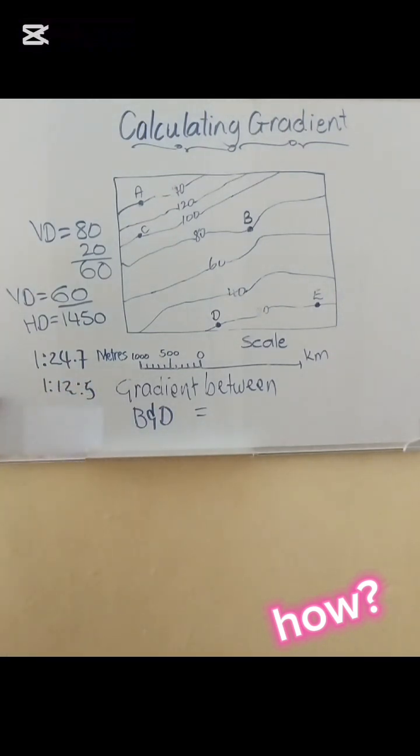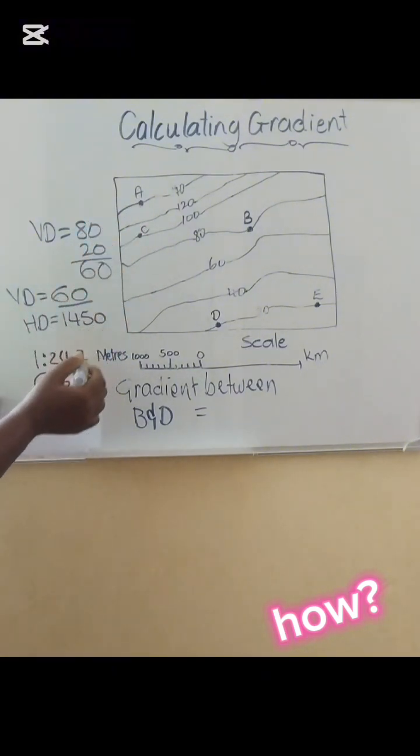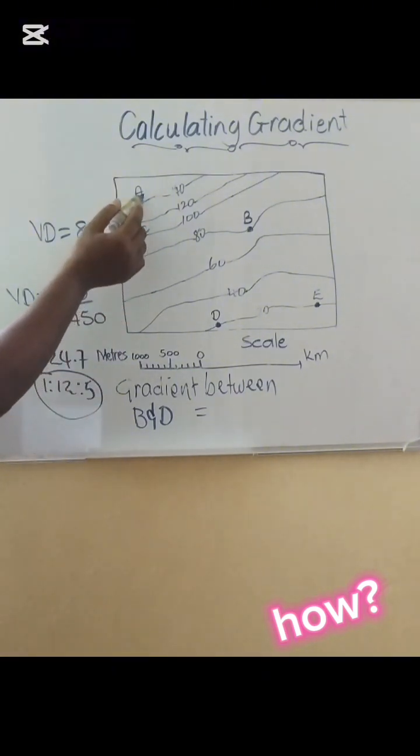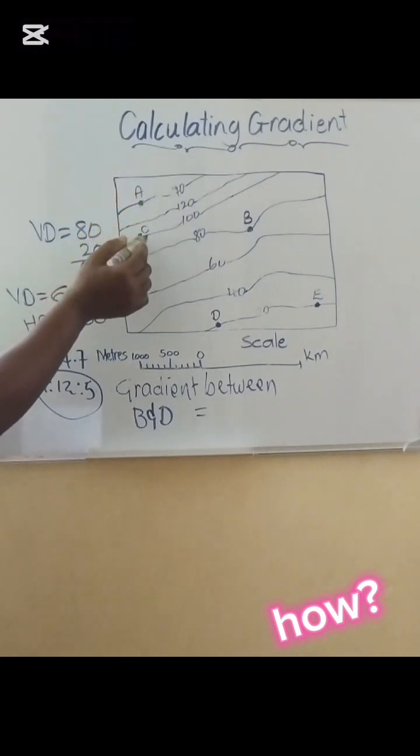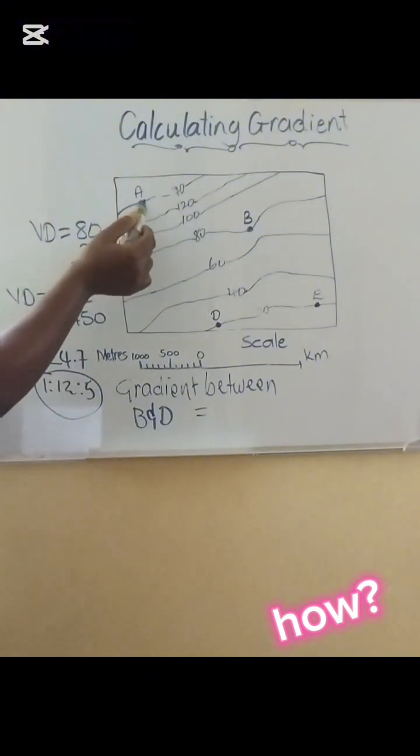So if you notice that this gradient is smaller than this one. Okay, what does that tell us? That was between A and C. It actually tells us that this has a steeper slope. Okay? So the smaller the gradient, the steeper the slope.